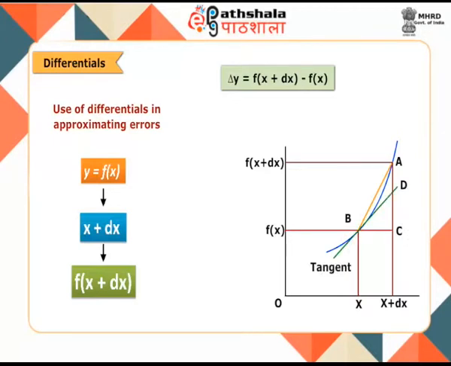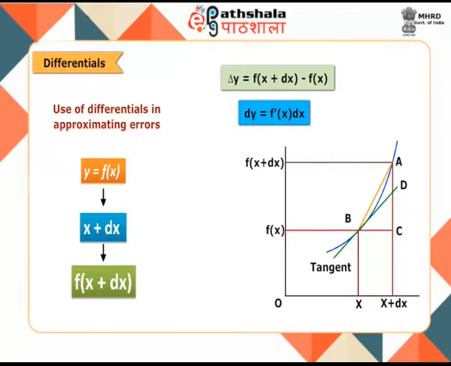This is shown by the length of the line AC. Using differentials, it is possible to find an approximate measure of this error. This magnitude, denoted by dy, is given by dy equal to f dash x dx, which is denoted by length DC in the figure.